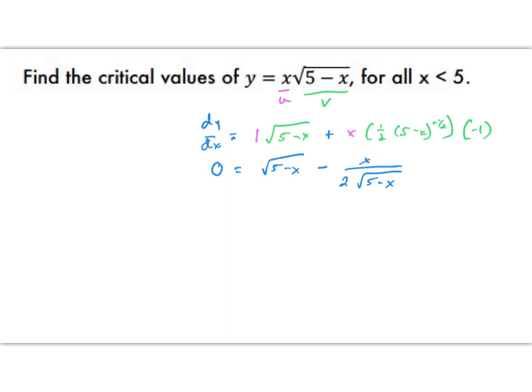So that's what that works out to be when we clean it all up. Okay, now this looks like it's really not all that fun to solve, but trust me, it's not so bad. I'm going to take this entire radical term right here, and I'm going to move it over to the other side, and you're going to see that something rather sneaky happens.